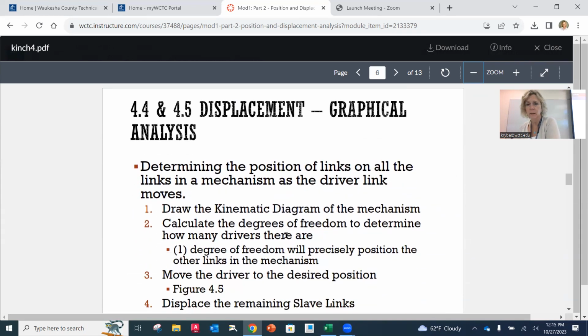As we look at the beginning illustrations here, and specifically sections 4.4 and 4.5, we're going to be erring on the side, as I've told you earlier, of graphical analysis. The book is always going to give you both solutions.